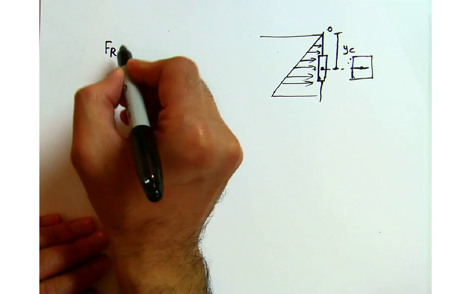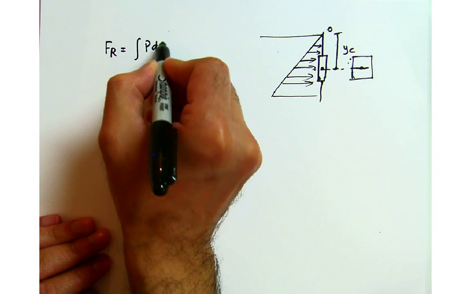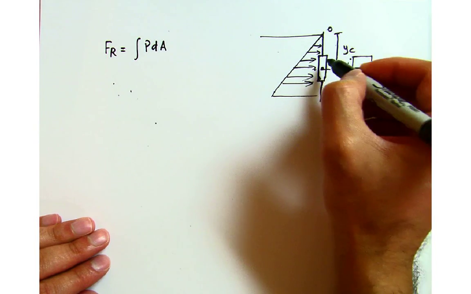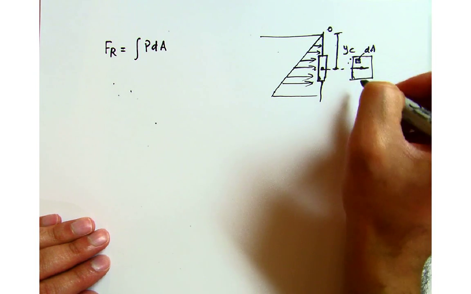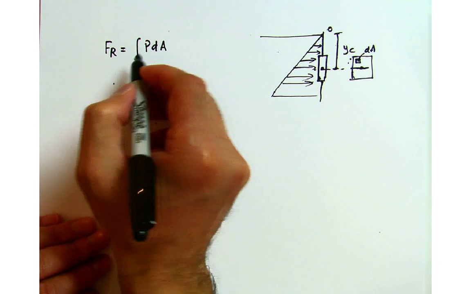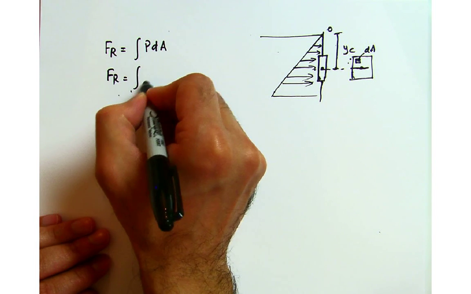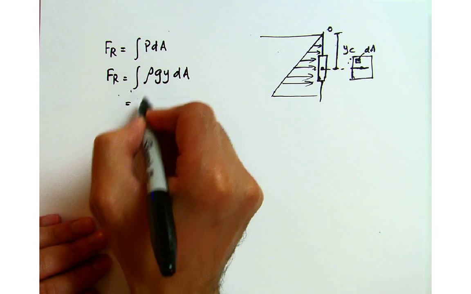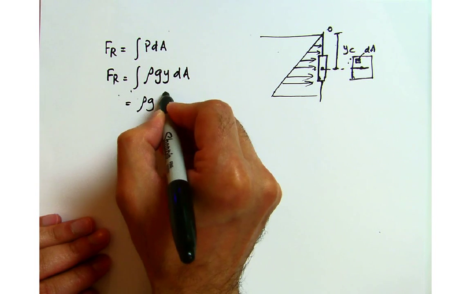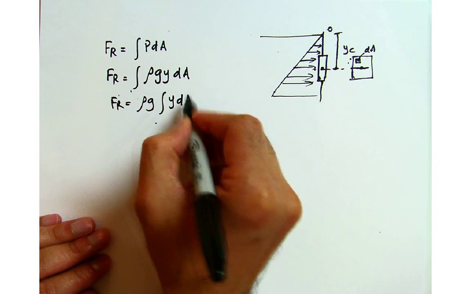The relationships are similar. We have p dA, and we can take this area as dA. I integrate this over the entire surface, so F_R is equal to the integral of rho g y dA, and I can take rho and g out of the integral, and then we have the integral of y dA.